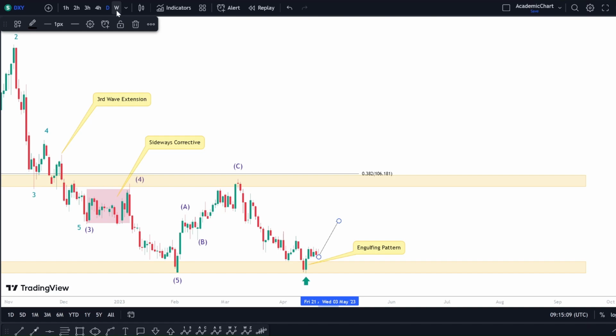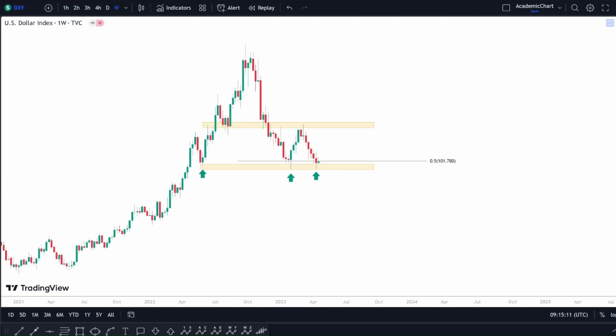But on the weekly, as I told you, I will come up with two possible scenarios after we have this reversal on the daily. So I'm expecting maybe a continuation to this resistance level, maybe the ABC creating some sort of a flat pattern or something similar, because this is also at 38 percentage of these.